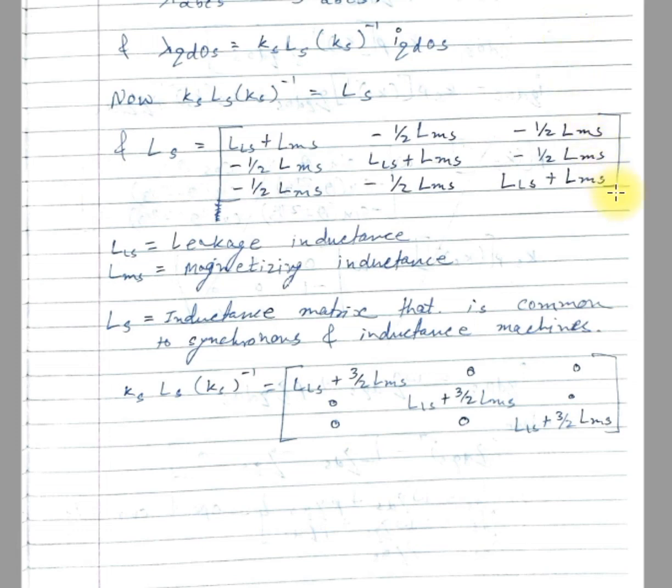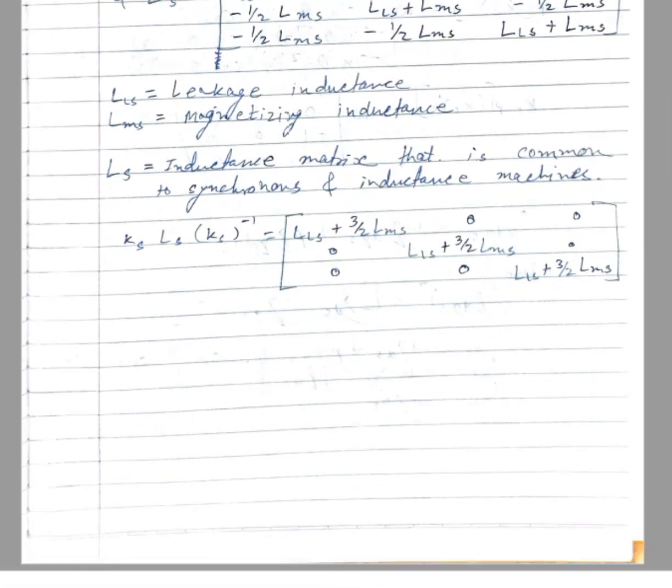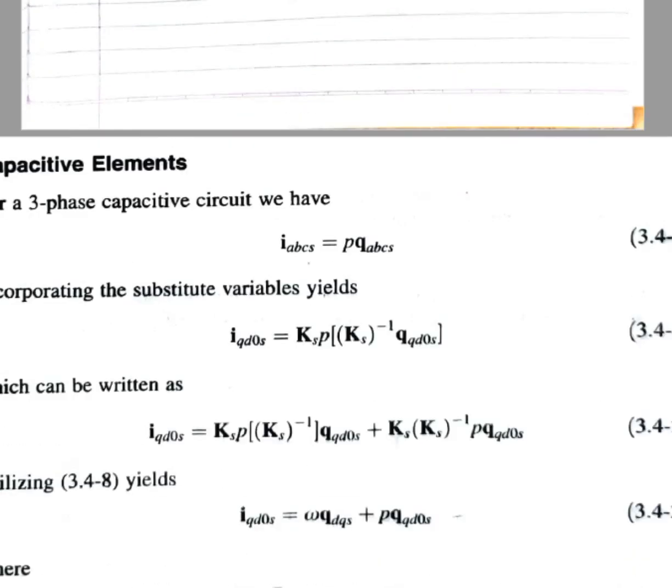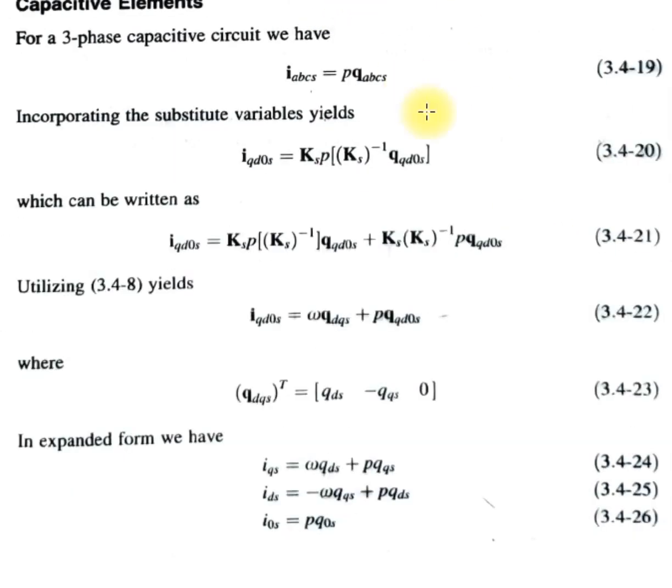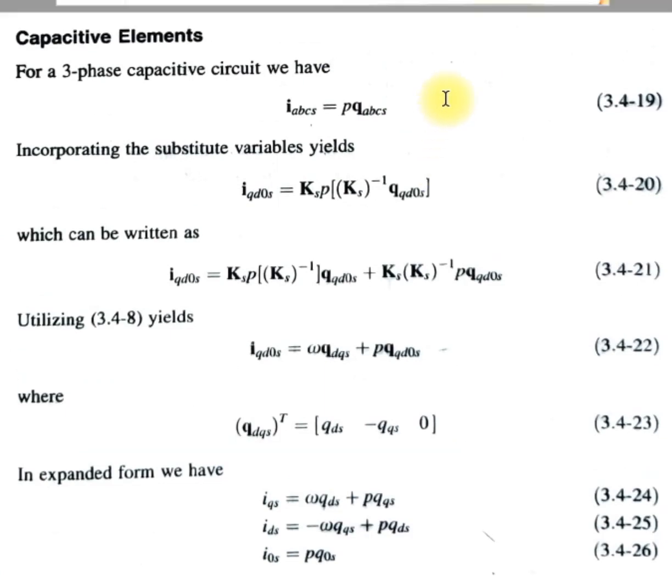And now finally moving to the capacitive element. So again, I of ABC is equal to P into Q of ABCS, where Q represents the charge.